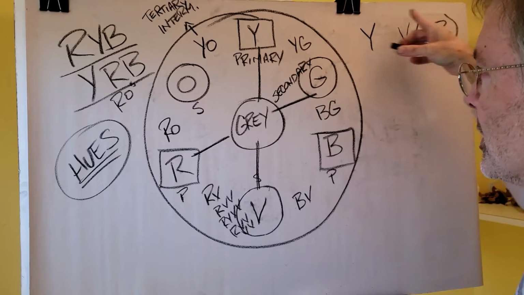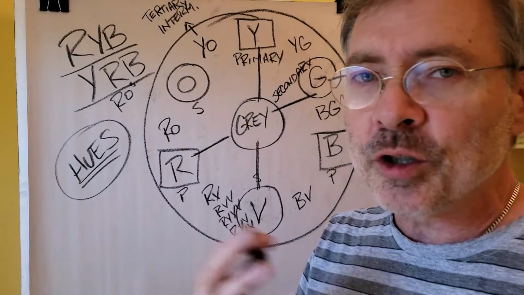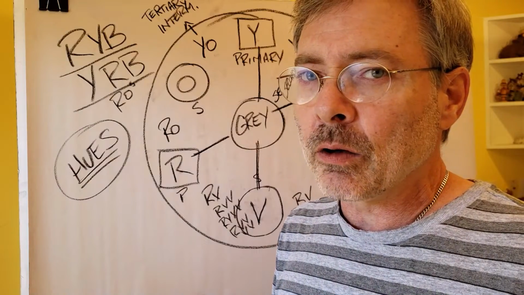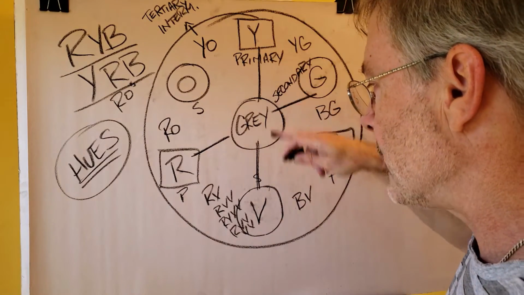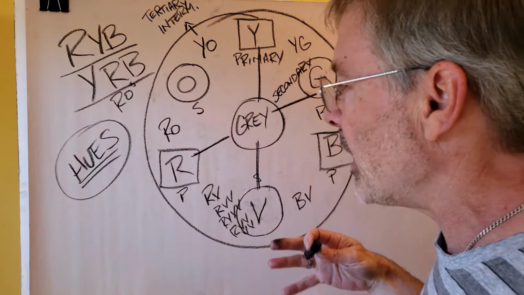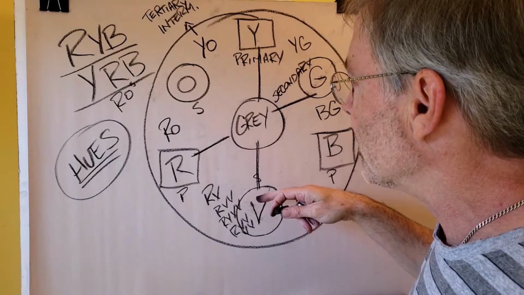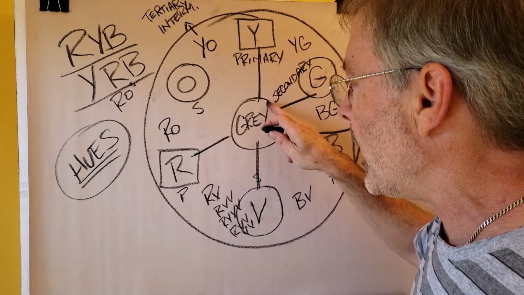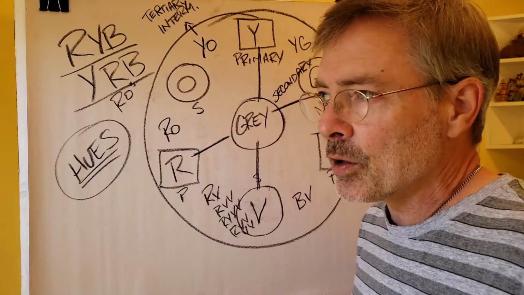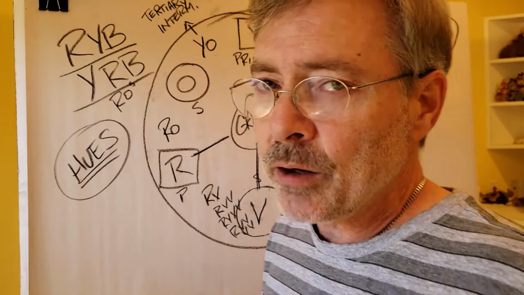So violet is the opposite of yellow. They don't share anything in common at all. So that's why it's considered the complement, because they are the opposites of each other. And two complements mixed together will create a gray.